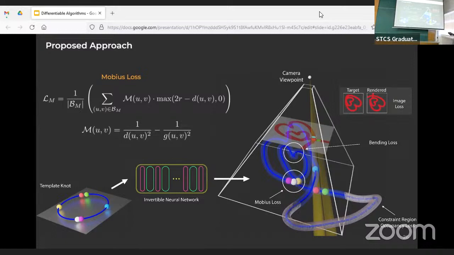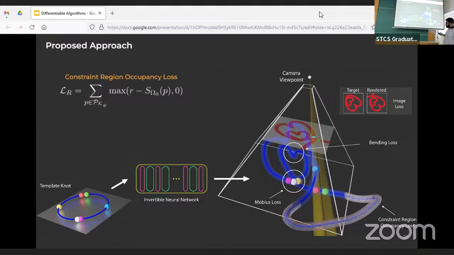But if we take yellow and white, these are far away along the knot, but in the embedding they are nearby. So the yellow and white cases would be penalized. And similarly, if any part of the knot goes outside the region, that would be penalized if it exceeds the region. Similarly for bending loss. So we define these loss functions.